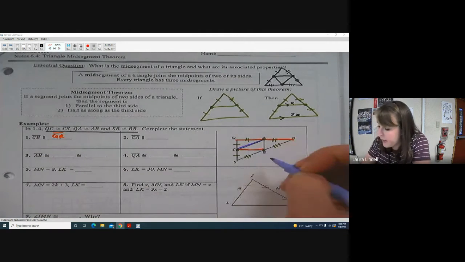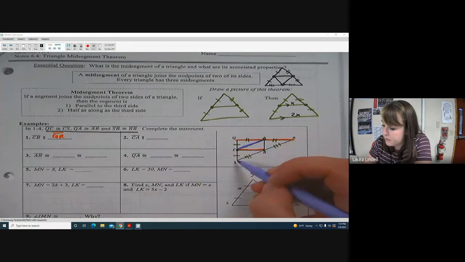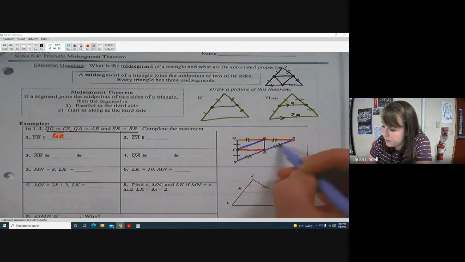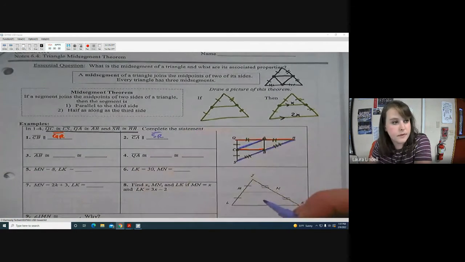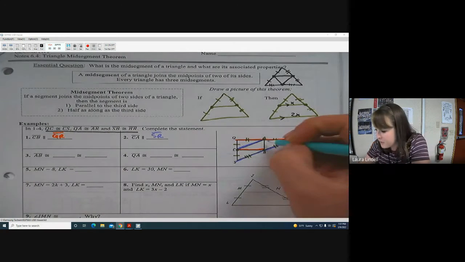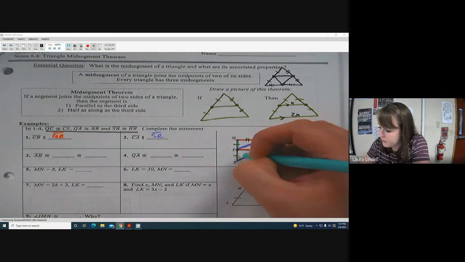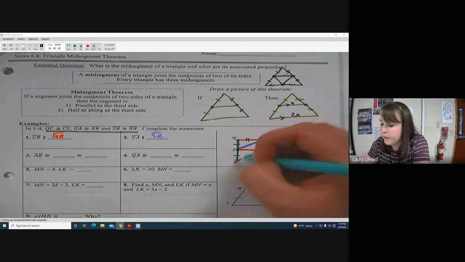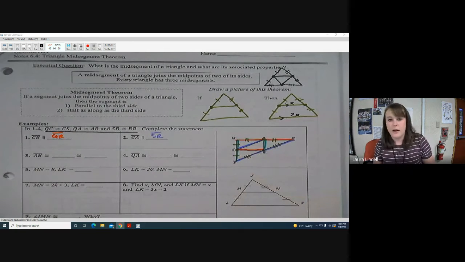So here's CA. It's going to be parallel to the side that's opposite CA, which would be this one, SR. And this one, it's not asked, but for a little bit of extra notes credit, we could also do what is AB parallel to? Well, that would be QS. Got to round out the picture, right? Anyway, that's one kind of thing we could be asked.